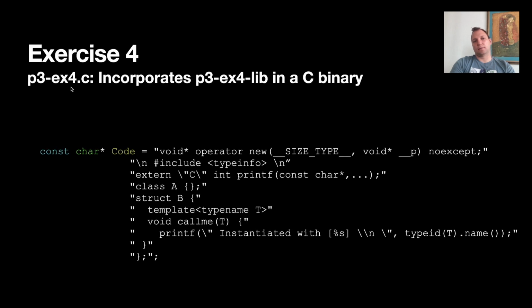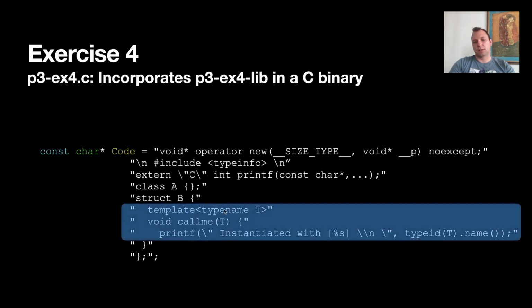So then we can have a binary, which is written in C and takes some code. That code, for simplicity, I have hard-coded as a variable, but it can come from a file, a bunch of files, you name it. Here, the important part is that we have a class A and a class B, and inside class B we have a templated function called callMe, which takes a template argument.